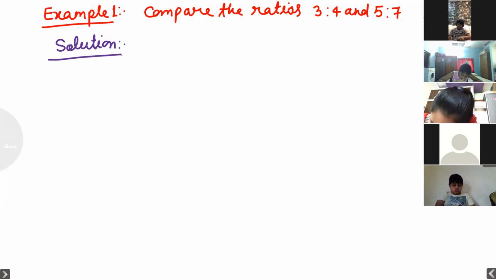He has given two ratios. First ratio is 3 is to 4 and second is 5 is to 7.